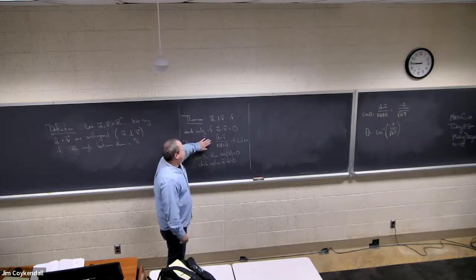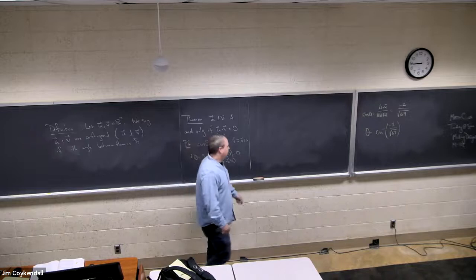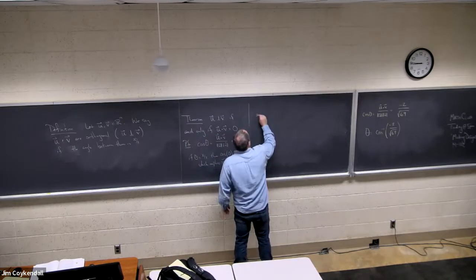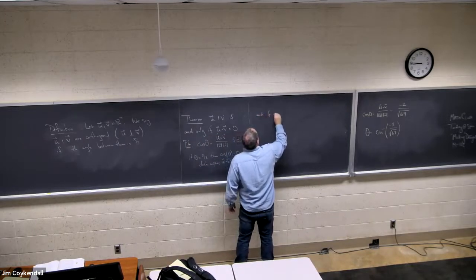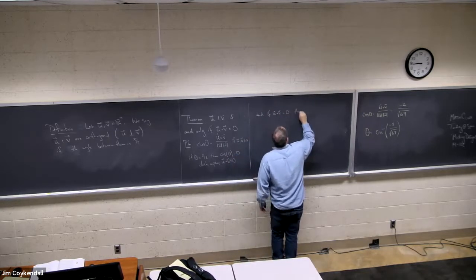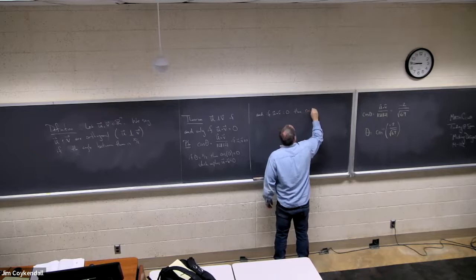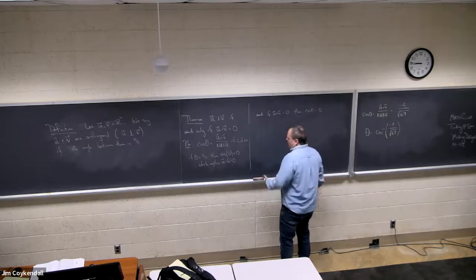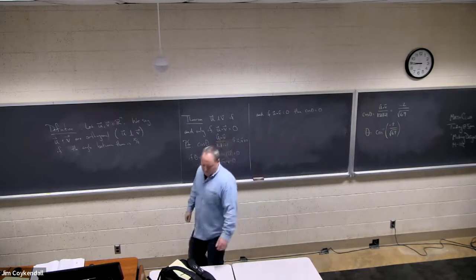Right, because if this side is 0, then that is 0. And on the other hand, if U dot V equals 0, then cosine theta is 0, and so they sit at right angles.